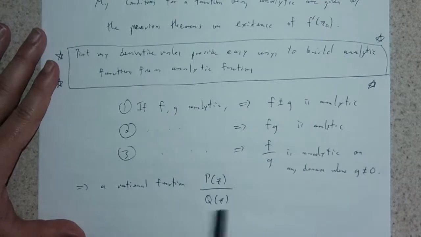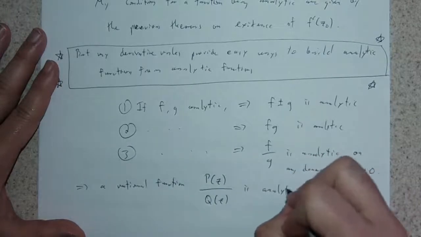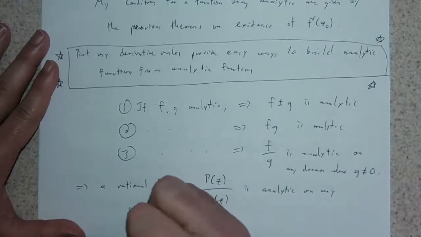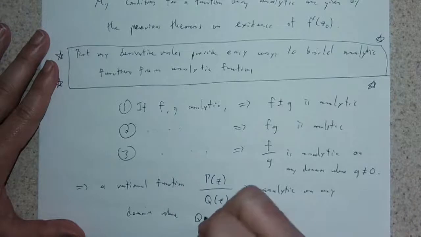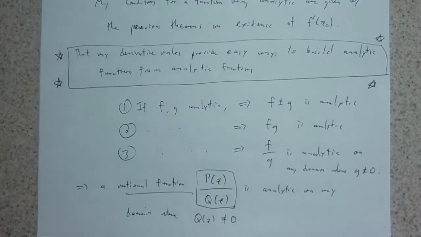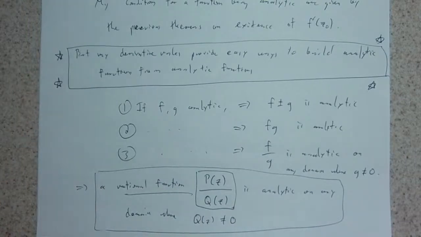A rational function p of z over q of z is analytic on any domain where q is not 0. And so this is a very important fact because these rational functions are going to be very important examples for us going forward.